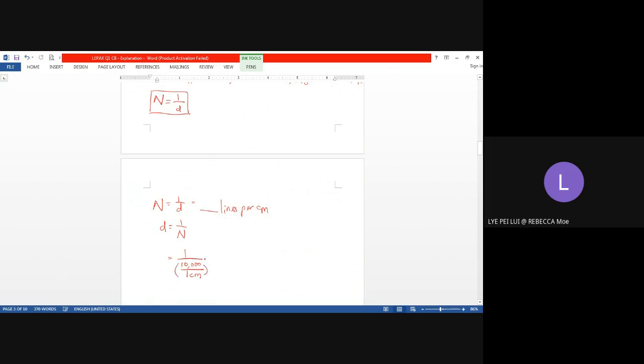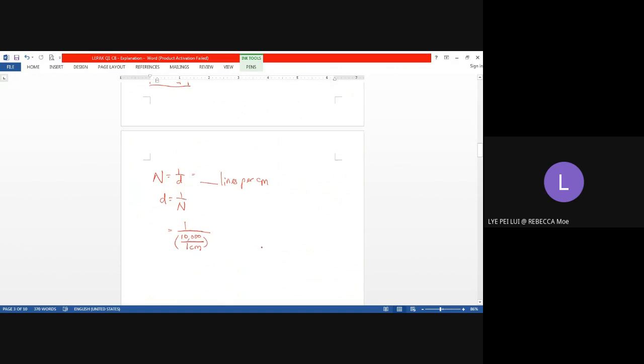I rearrange the equation and get back 1 cm over 10,000 lines.